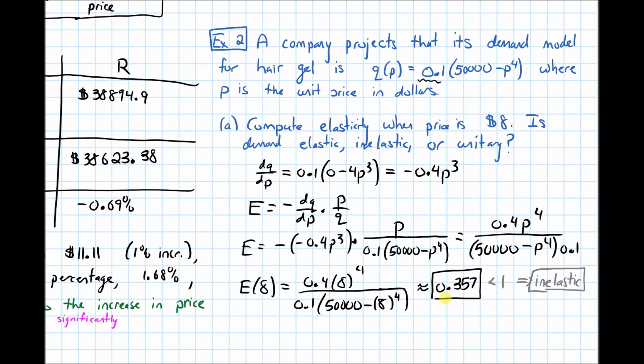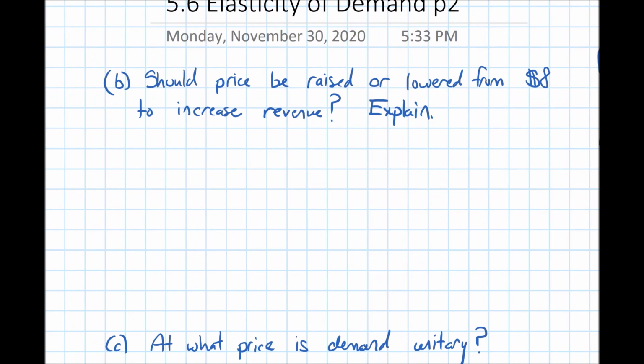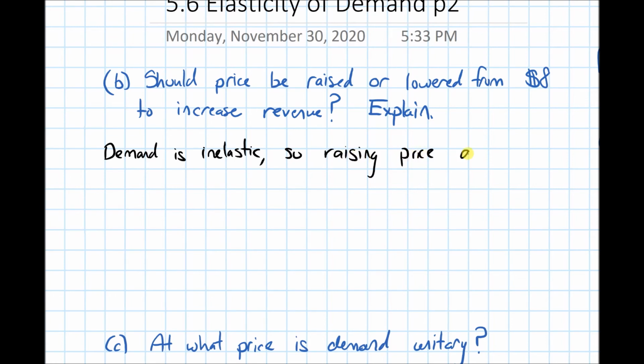That says, should the price be raised or lowered from $8 to increase the revenue? And explain. So in this problem, demand is inelastic with respect to price. So raising the price does not drastically drop or lower the demand.